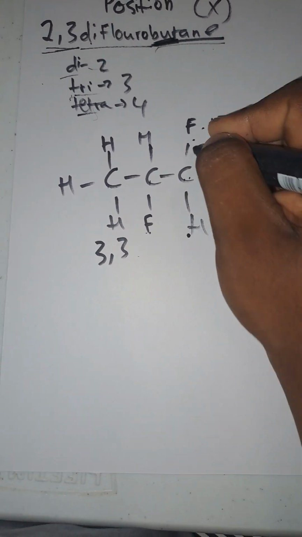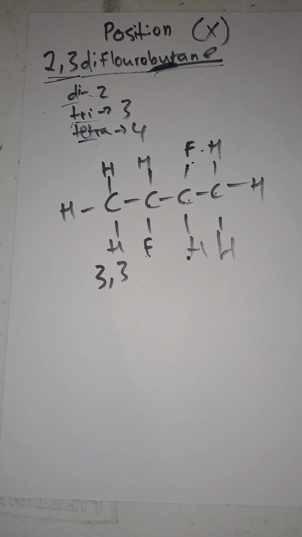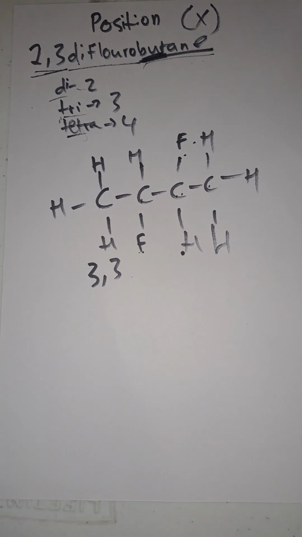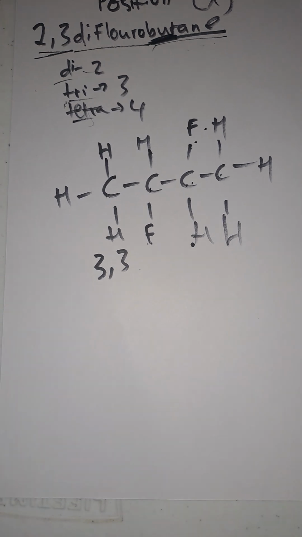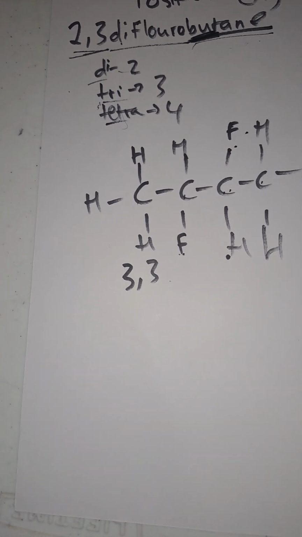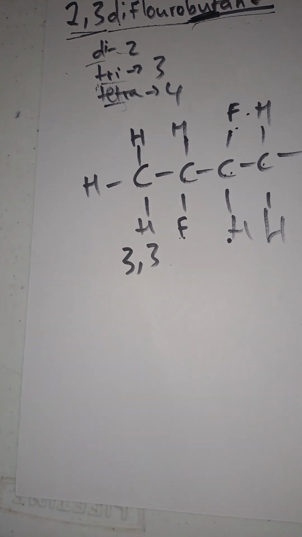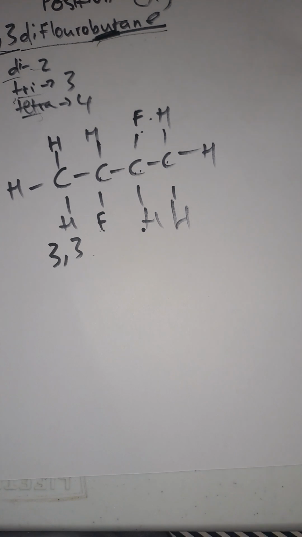Maybe you'll have F here and F up there. Do you understand me? That's how we do the position of the halogen on a structural formula whenever you are drawing it. Okay, because that is the most important thing when you are doing these things. There's nothing much on haloalkanes, but that is the most important thing I wanted to highlight there, guys.